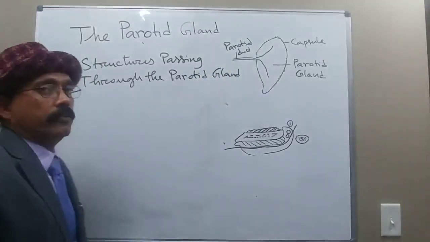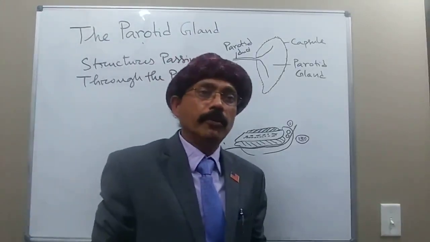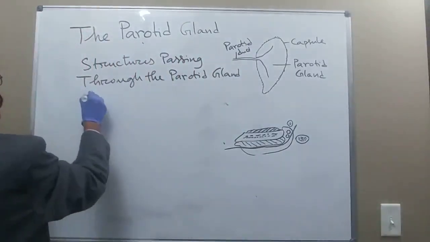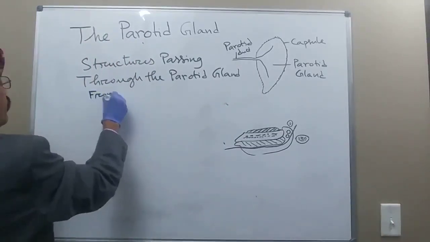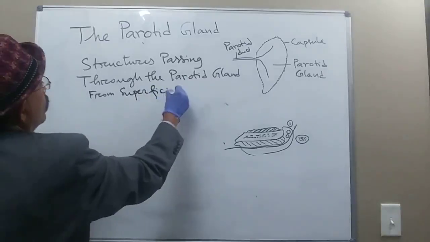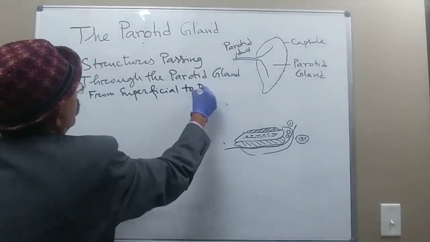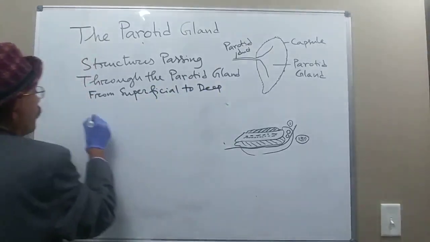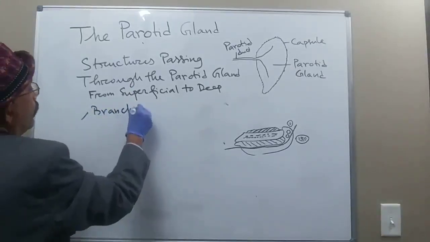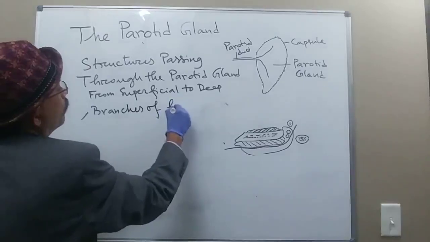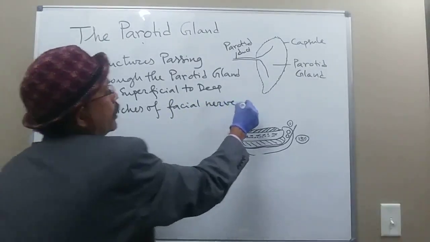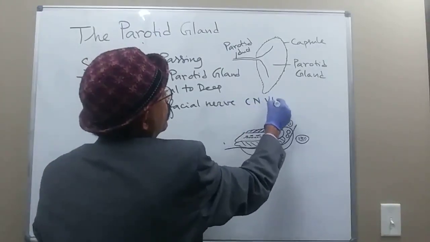From superficial to deep, these are the branches of the facial nerve, that is cranial nerve number 7.